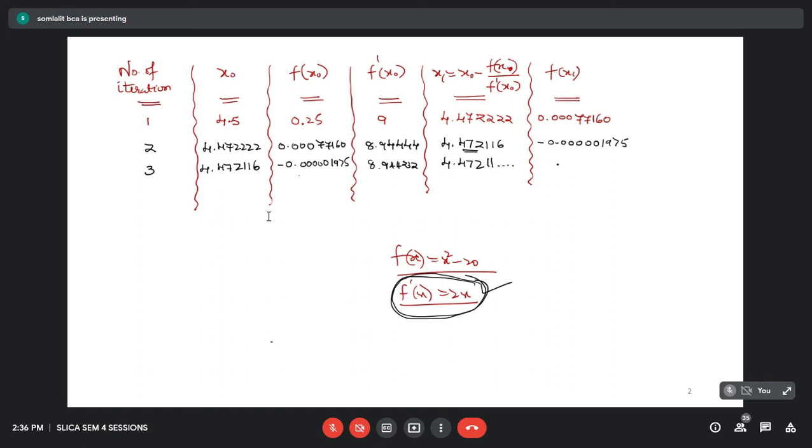Something like this, and here if you place the value you will have a number of zeros, positive or negative, it's not important. So you can stop and you can write here that this is the root, correct up to how many decimal places here?